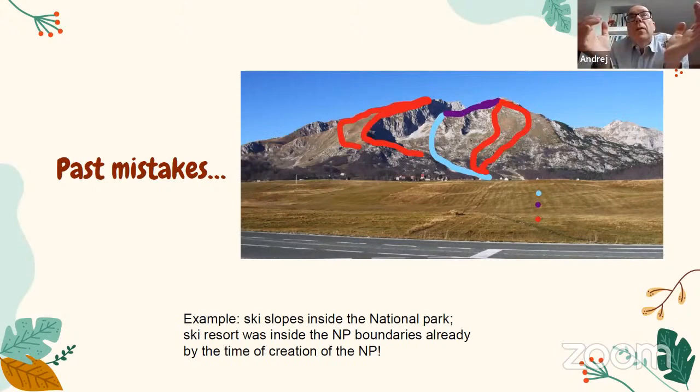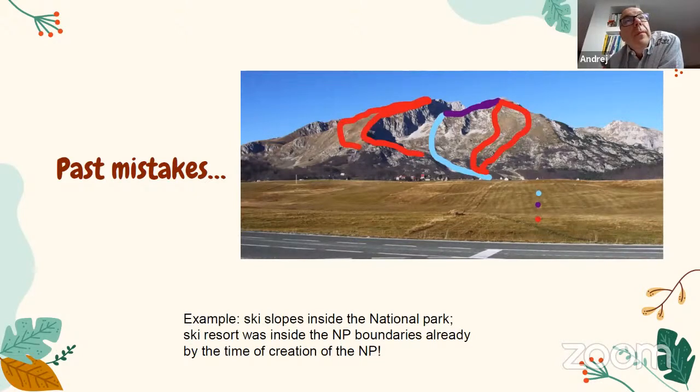So what now? We have this kind of infrastructure in our national parks. I know you have it also in the Czech Republic. You are well aware of these similar things in the Slovak Republic, in Bulgaria, in Spain, and in others.